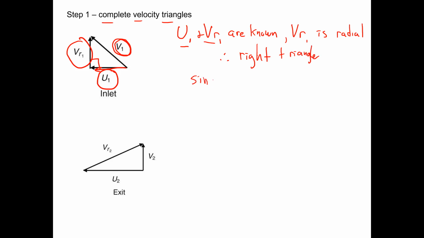Therefore, since the relative velocity is perpendicular to the tangential velocity of the rotor, I know that the tangential velocity of the entering fluid has to equal the tangential velocity of the rotor.